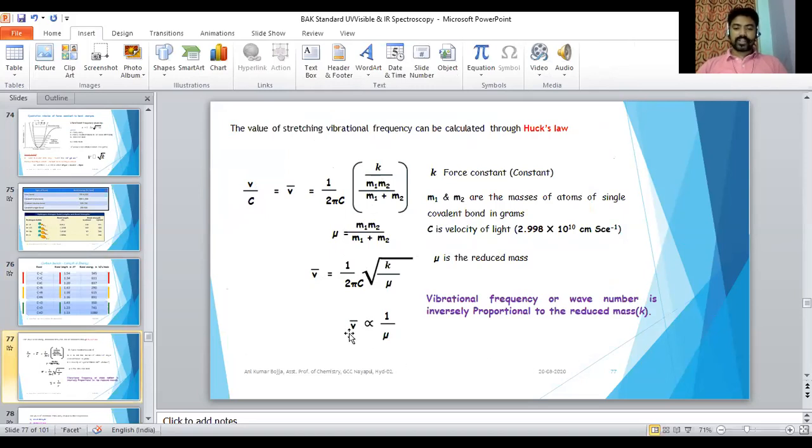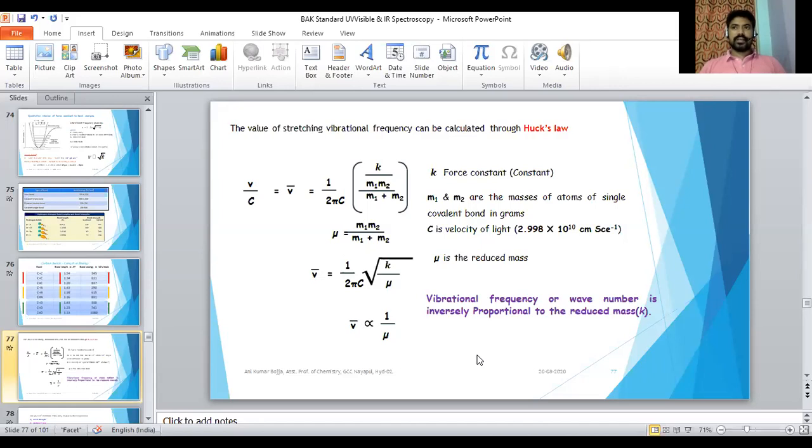Wave number of the radiation is inversely proportional to the reduced mass, so once the reduced mass is less for a covalent bond, vibrational frequency will be more. If the reduced mass is more, the vibrational frequency value will be less. Vibrational frequency, in the sense, is the amount of energy needed from the radiation.